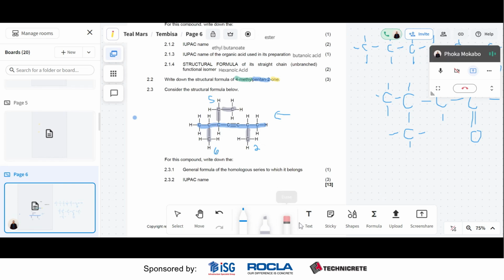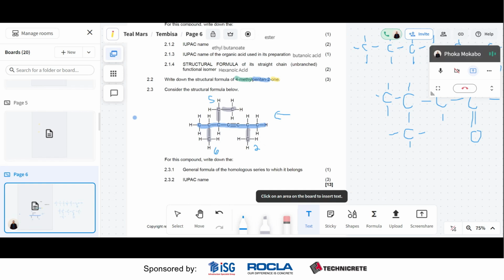Okay, let's go about naming this now. Given that ethyl starts with an E and methyl starts with an M, we'll be looking at a dimethyl, and therefore the E will take preference.